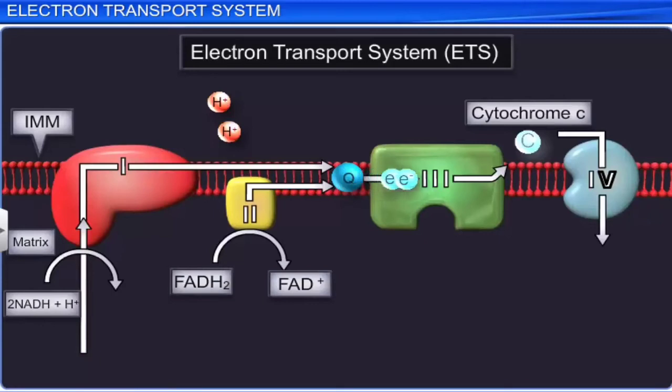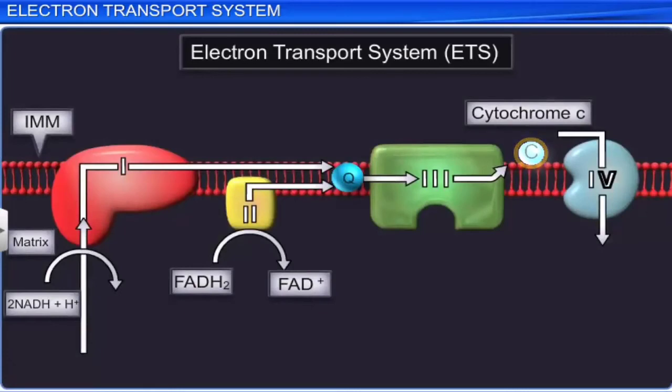Ubiquinone transfers the electrons to complex 3. Complex 3 transfers the electrons to complex 4 through cytochrome c. Here too, some protons are moved from the matrix of the mitochondria to the intermembrane space.